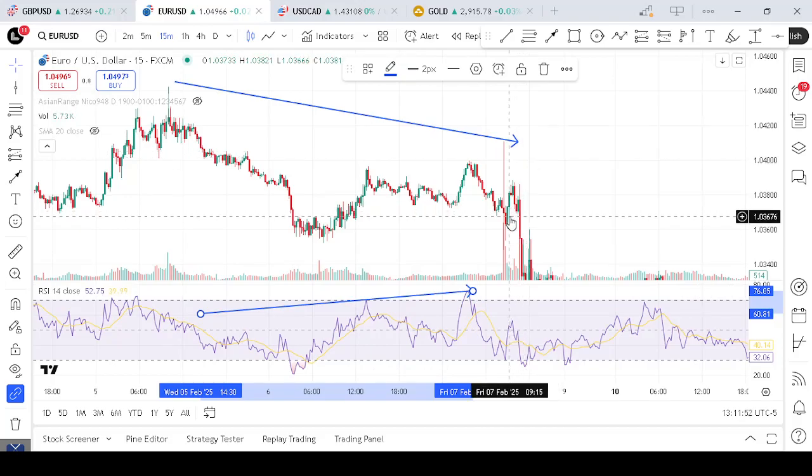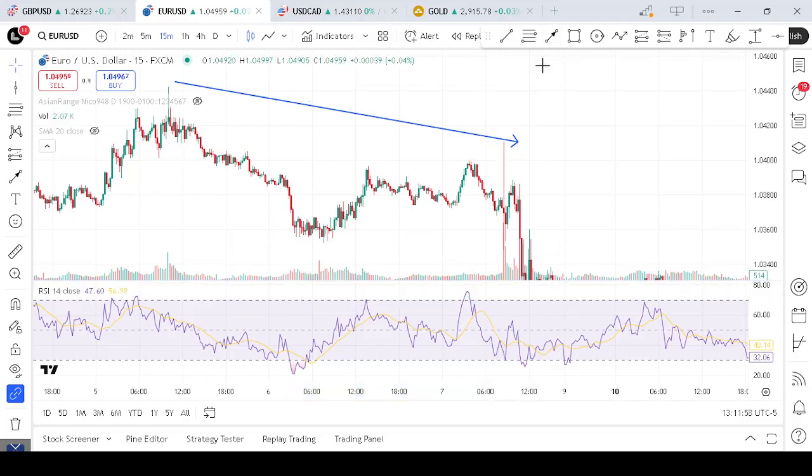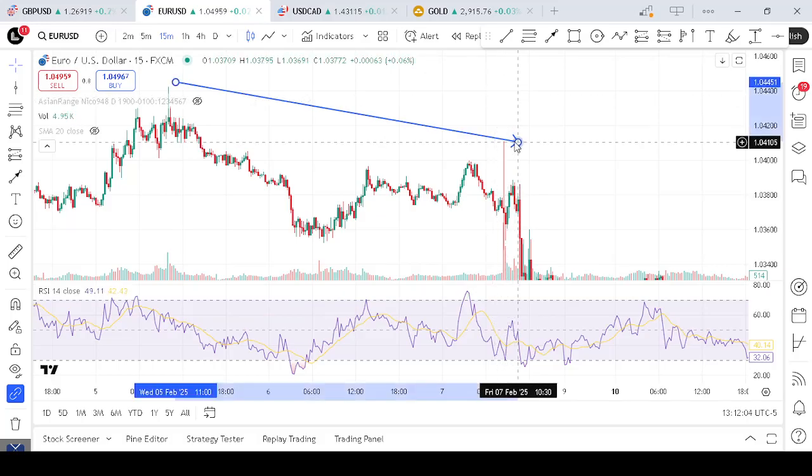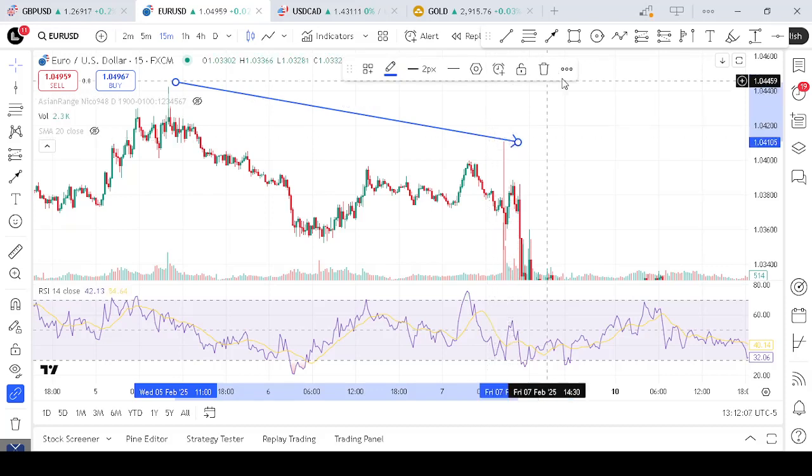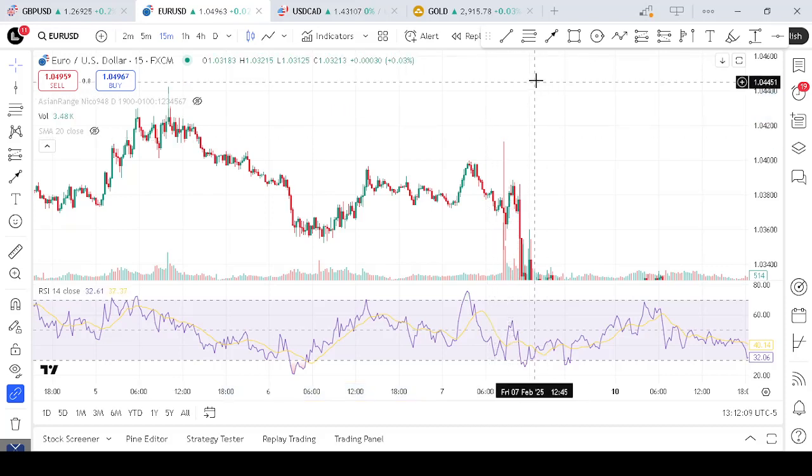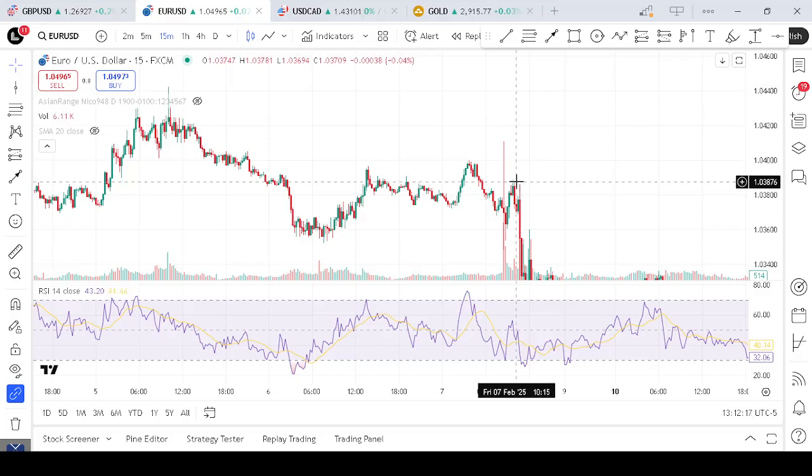Why does this matter? Understanding hidden divergence is crucial because it often provides more reliable signals for trend continuation than regular divergence. It can give you early warning signals for potential trade entries, helping you make informed trading decisions.